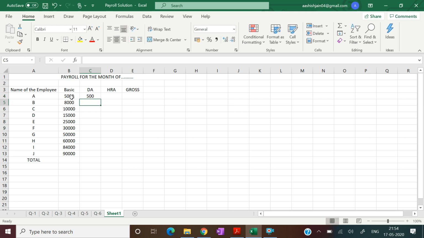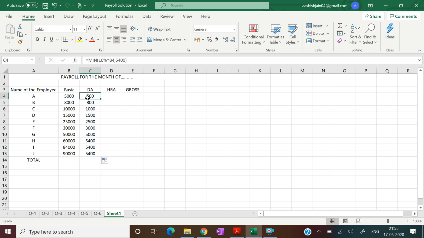So 10% of 5,000 is 500. Now we will drag downward like this. Here you can see at this value, 10% of this amount would be rupees 6,000, but the amount is 5,400, that means we have done it correctly.